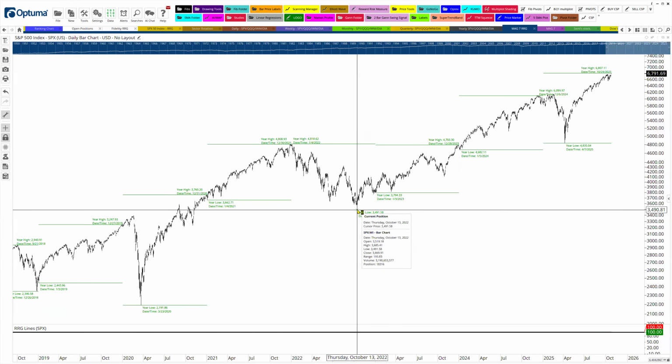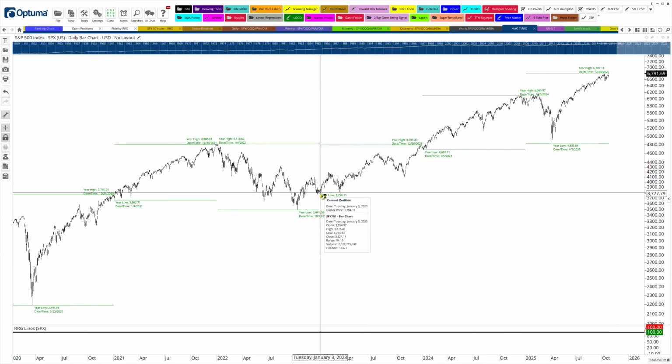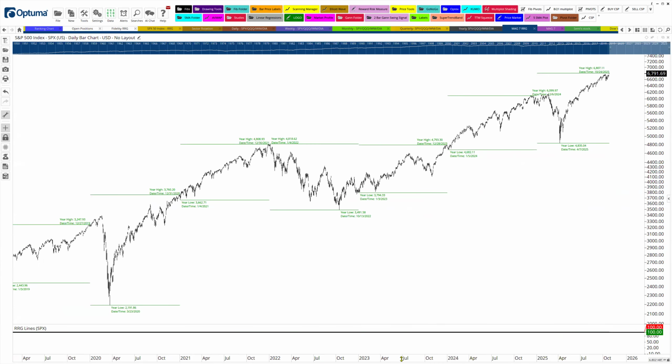That's the bear market here, the October low of 2022. And then that's the 2023 low to high. So it gives you a pretty good glance at the chart to look at how much the price actually moves on a year to year basis. But when you look at the price each year, it's making new highs.